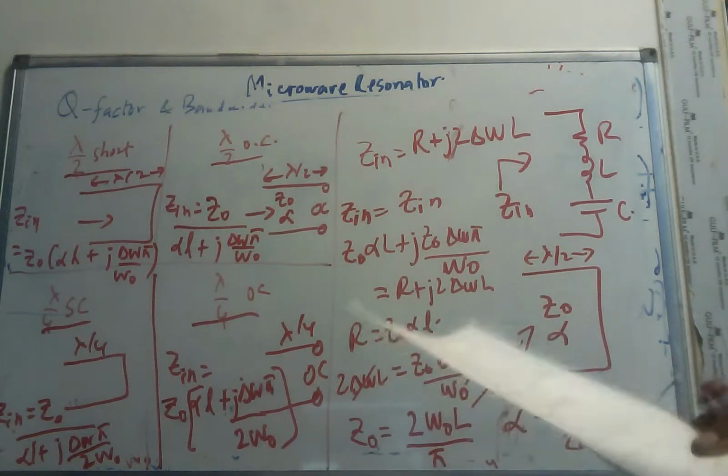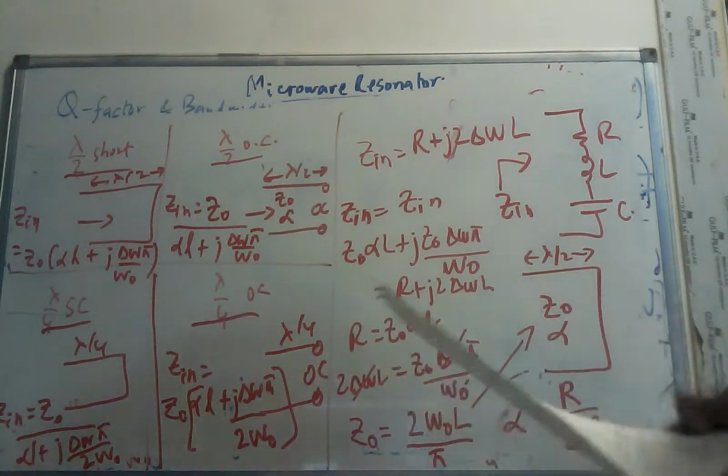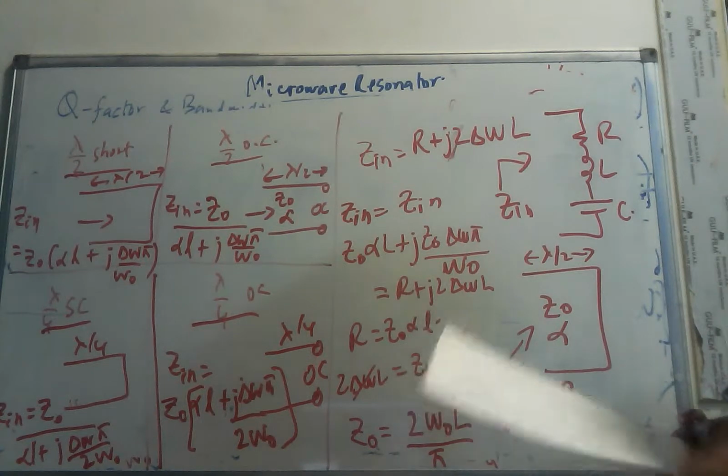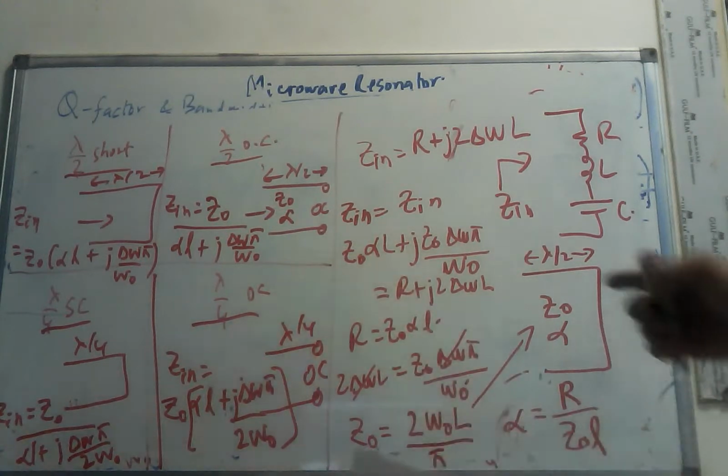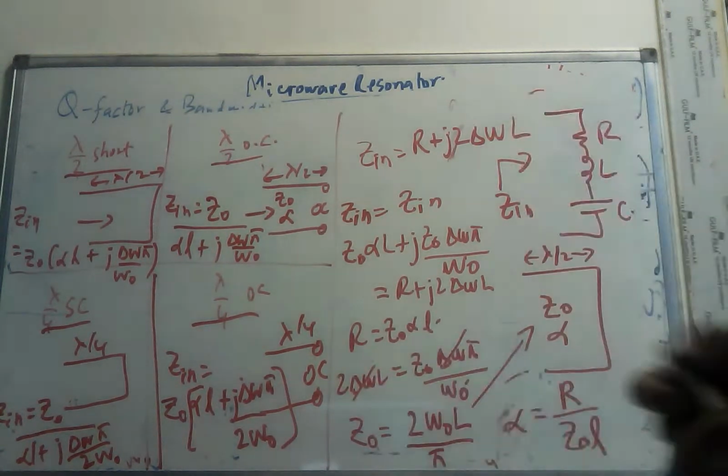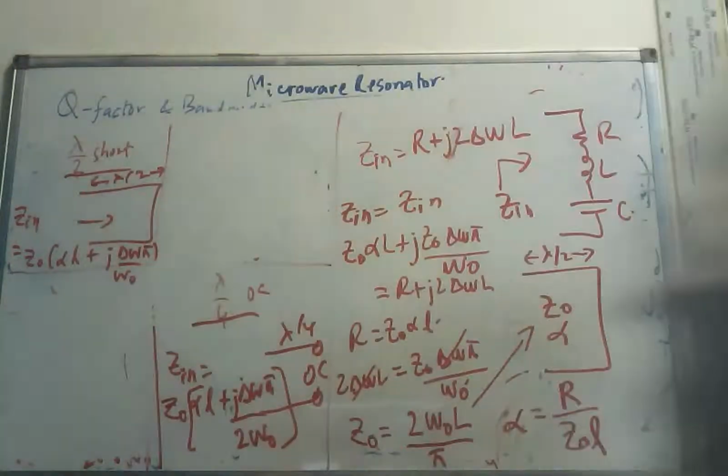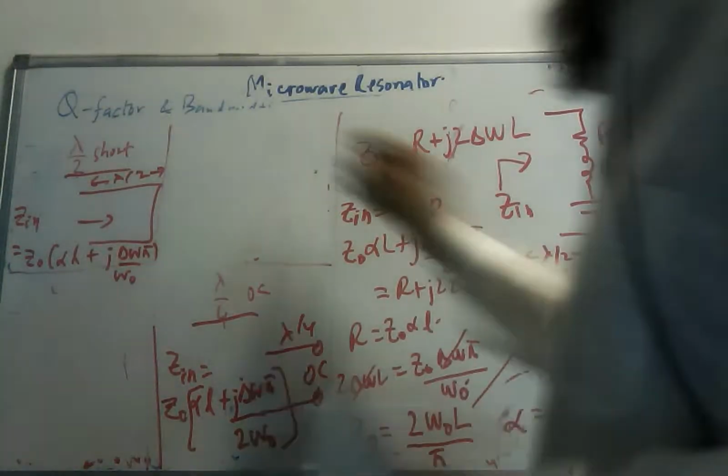So if you look at the next page, example 2, I need to find the equivalent circuit of the circuit which we did before. So the previous resonator, let me just delete this because we are not using these two. I have this circuit.